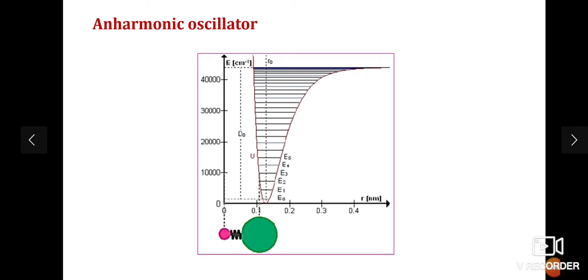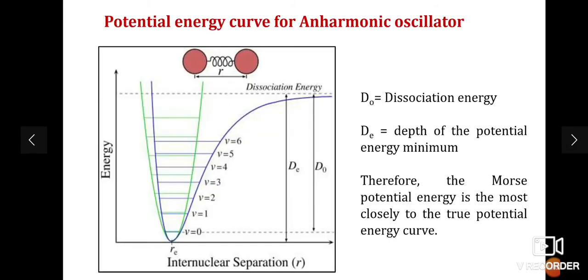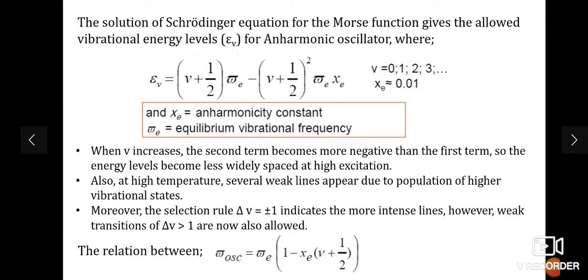Therefore the Morse potential energy curve is the closest to the true potential energy curve. The energy of a diatomic molecule undergoing anharmonic stretching and compression is shown here. I showed you that the green color corresponds to harmonicity and the blue to anharmonicity.